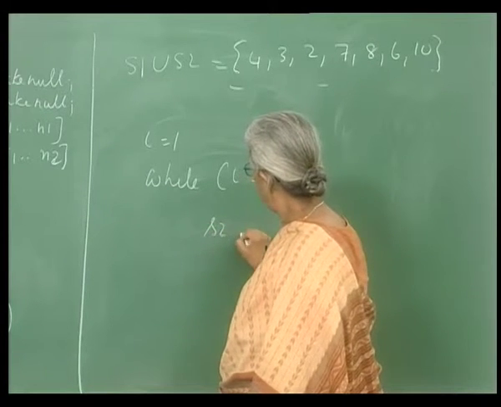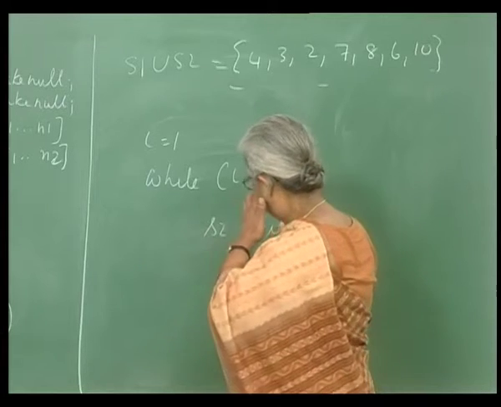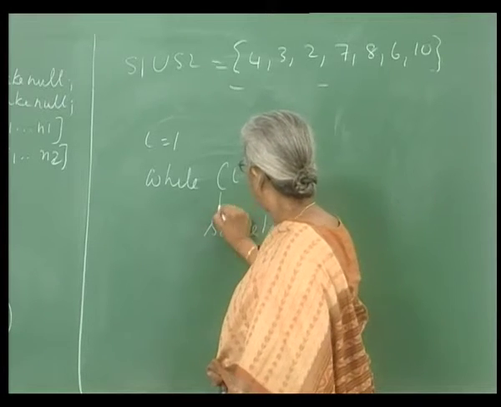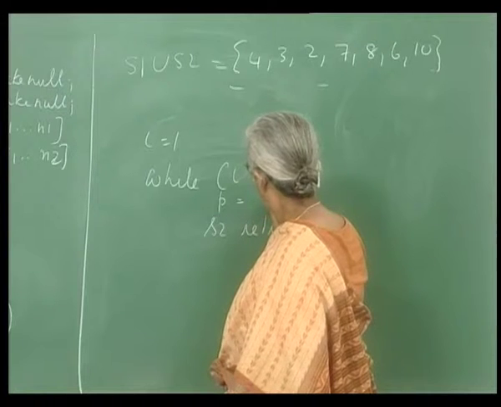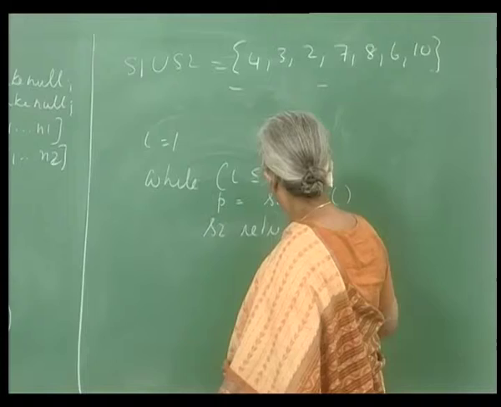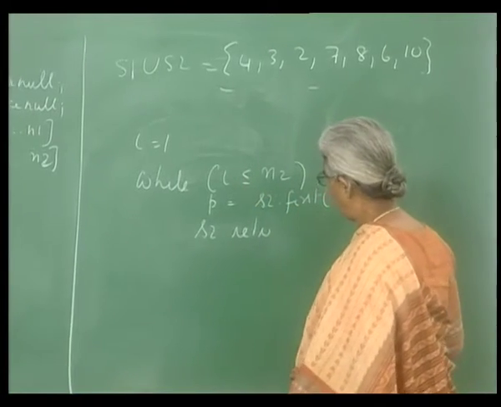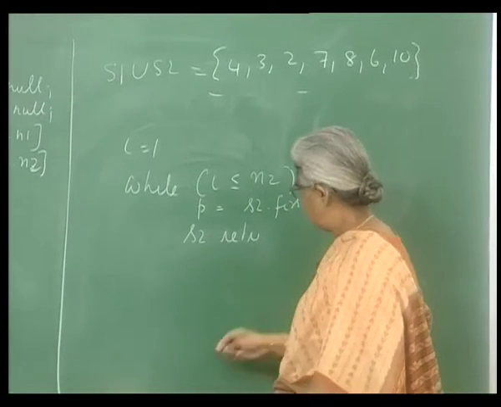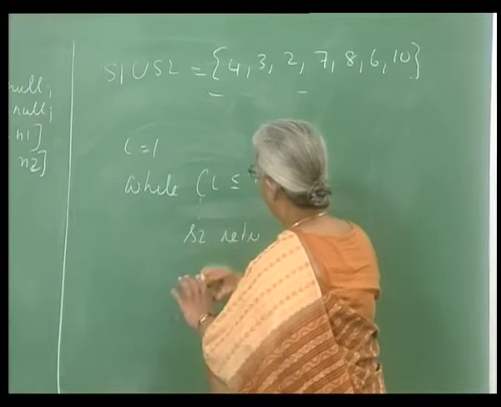What will I do first? P is a position, and S2 dot first gives me the first element. I should put this outside over here.